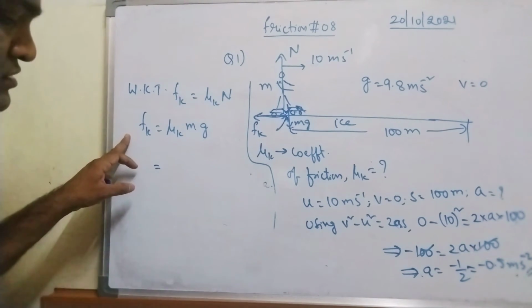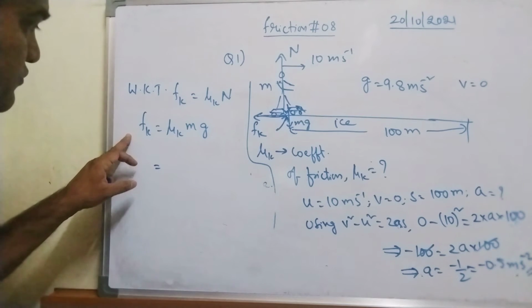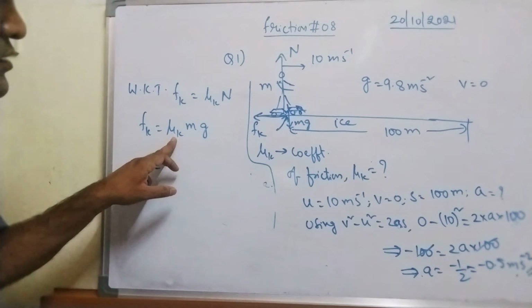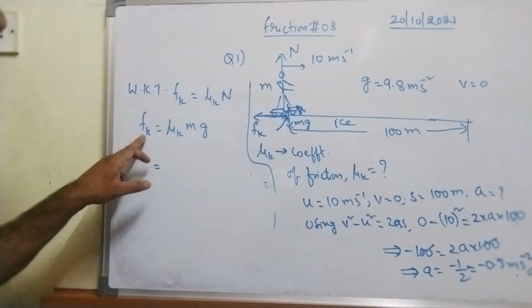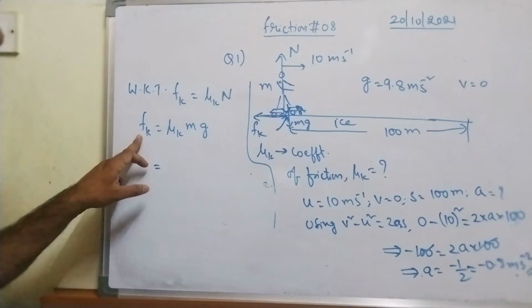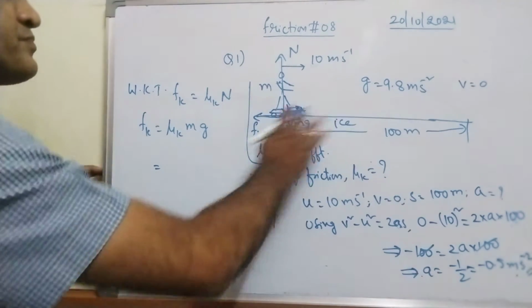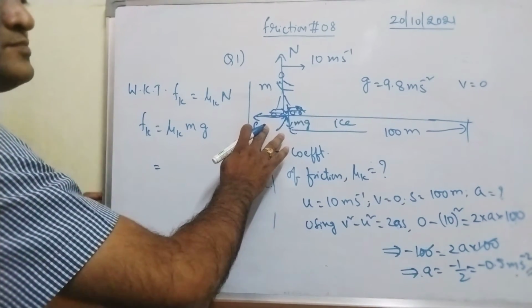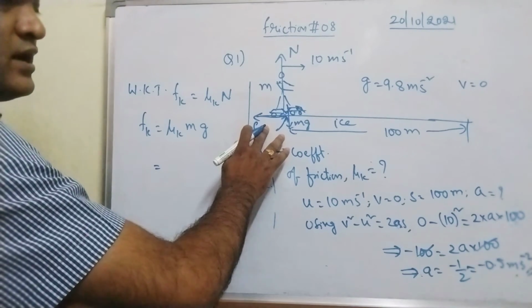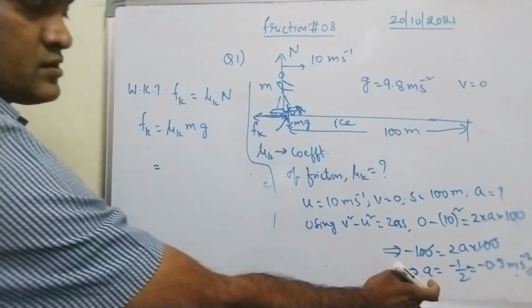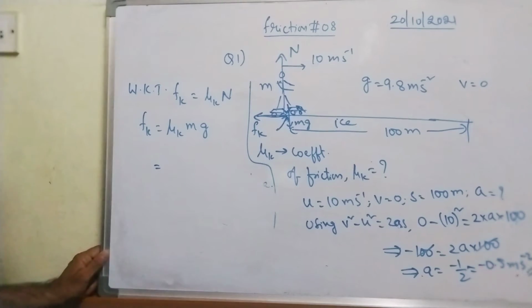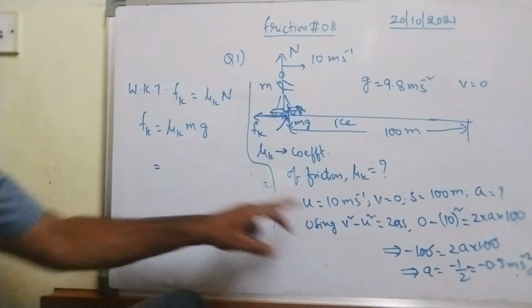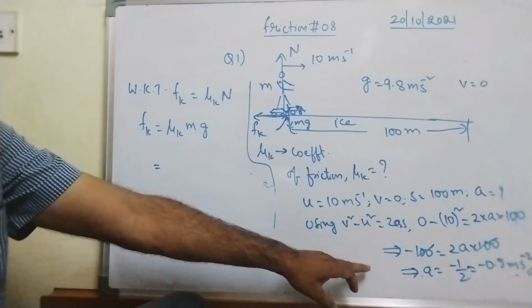We want the coefficient of friction, is it not? Mu k into mg, and Fk is nothing but ma. Fk I can write as m into minus a, because acceleration is negative.